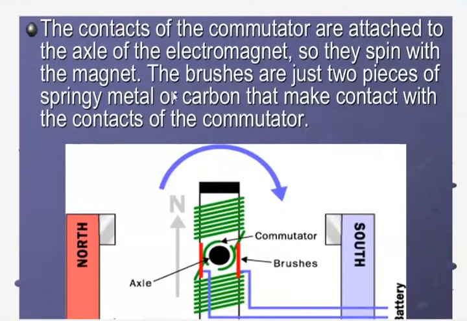Now the contacts of the commutator are attached to the axle of the electromagnet, so they spin with the magnet. Brushes are just two pieces of springy metal or carbon or graphite that make contact with the contacts of the commutator.